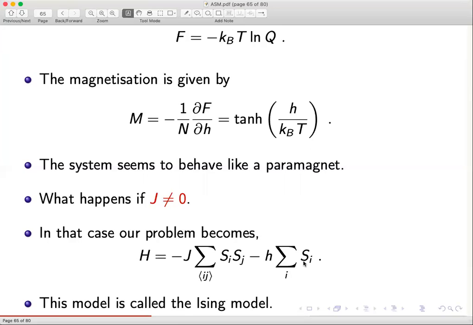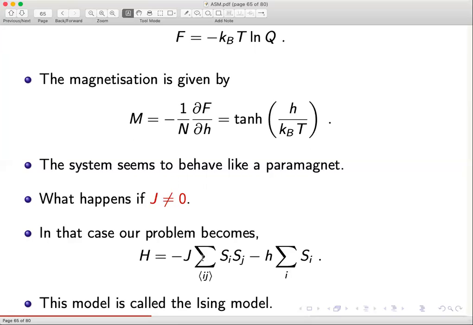Now there are at least two possibilities: you can choose J to be positive or you can choose J to be negative, and they give you two different kinds of magnetic states. For our discussion, we are going to restrict ourselves to J positive.